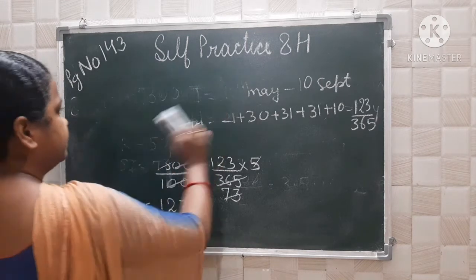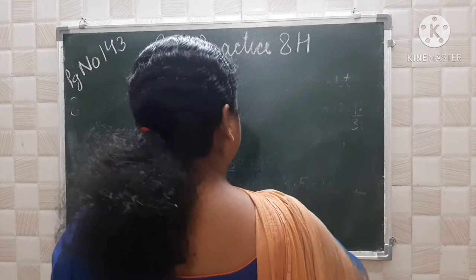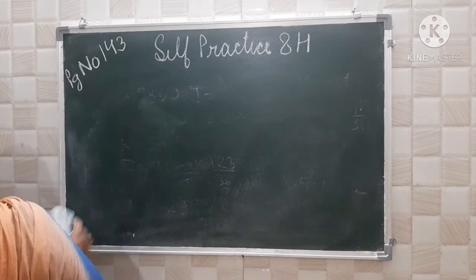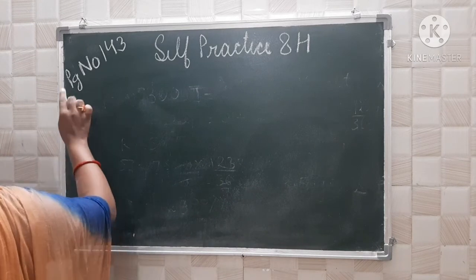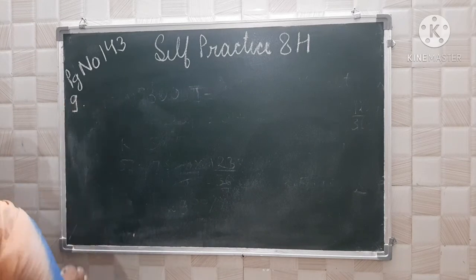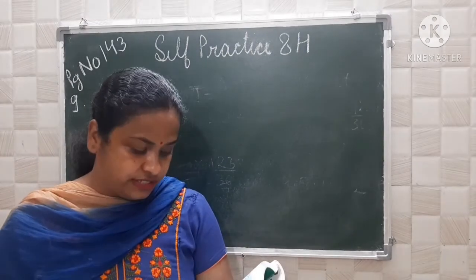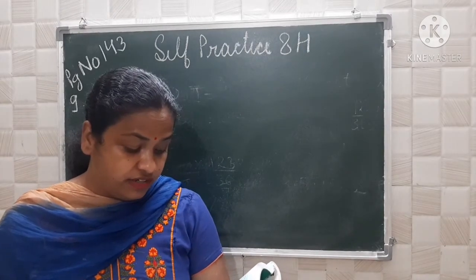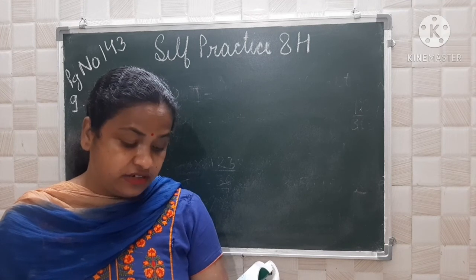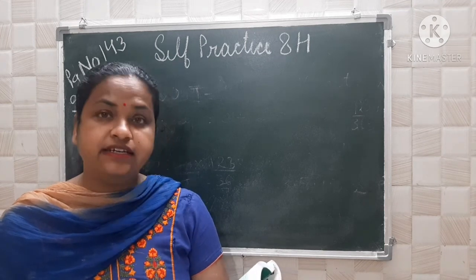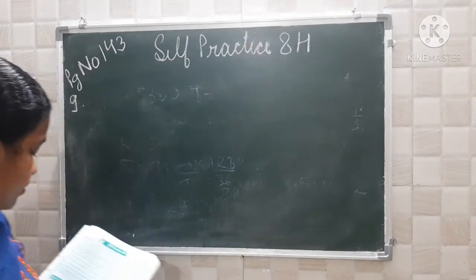Now see question number 9. A sum of 400 amounts to 480 in 4 years. What will it amount to if the rate of interest is increased by 2%? So firstly what you will find?